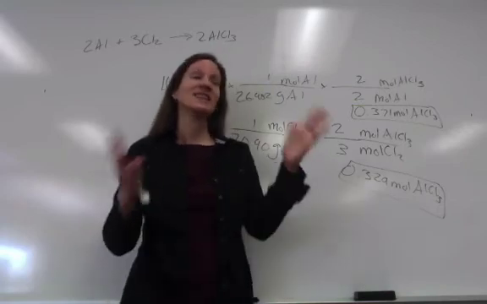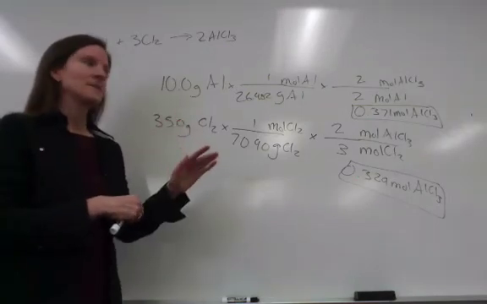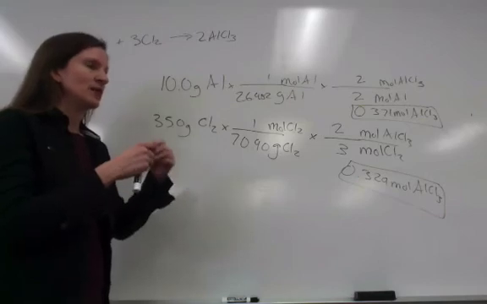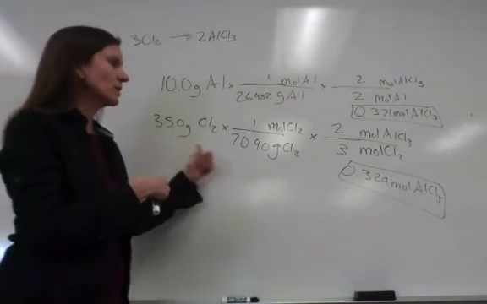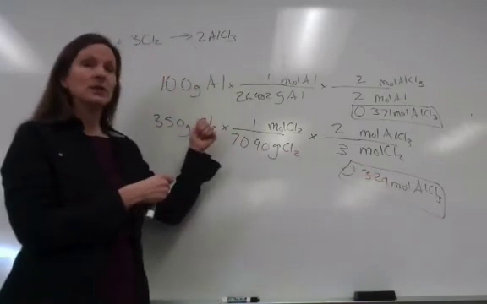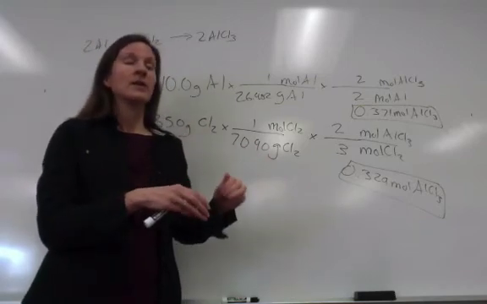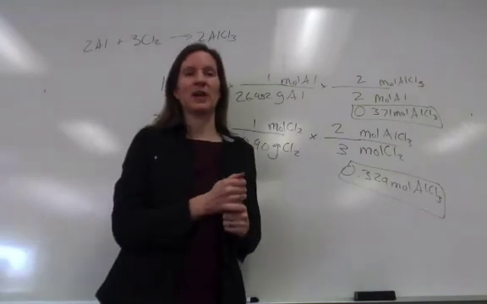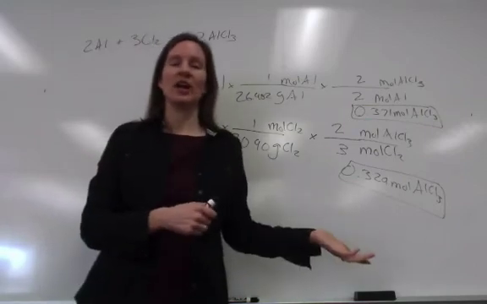Now, if I mix these 2 amounts together and they're trying to make product, they're going to be reacting and they're going to keep going. And chlorine will get to 0.329 moles of aluminum chloride, and then your chlorine will be gone. Your aluminum could make up to 0.371 moles of aluminum chloride, but it can't make that amount because the chlorine will be gone.